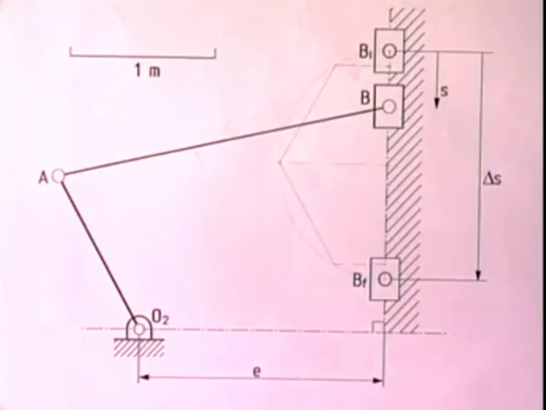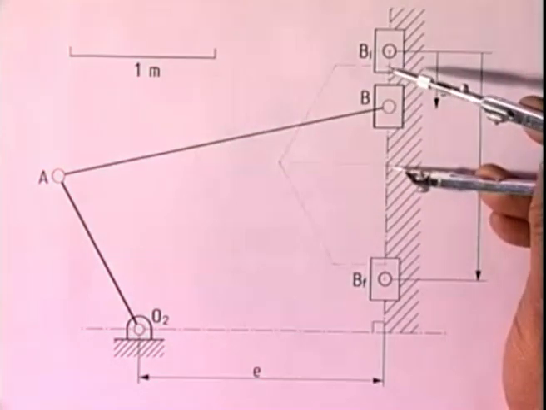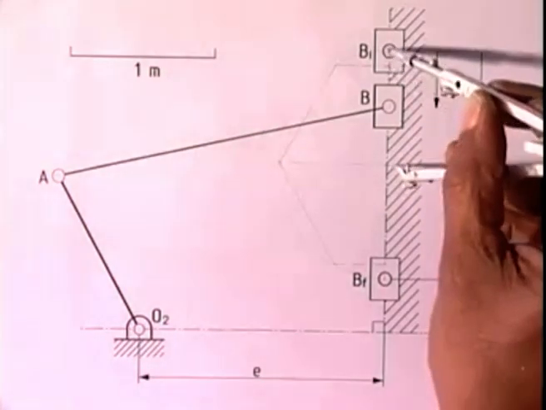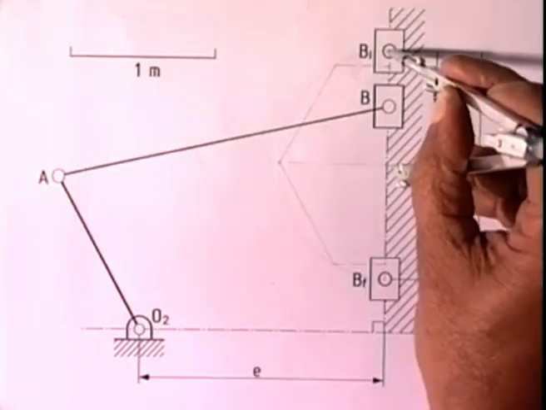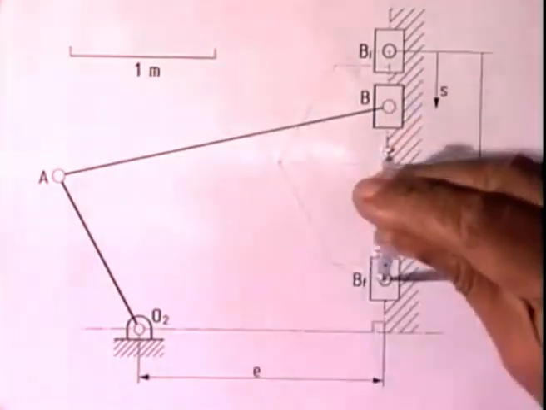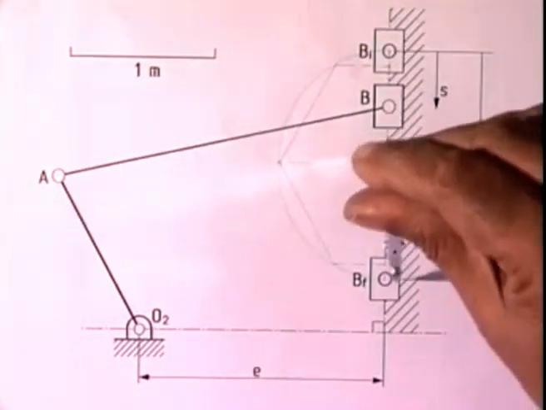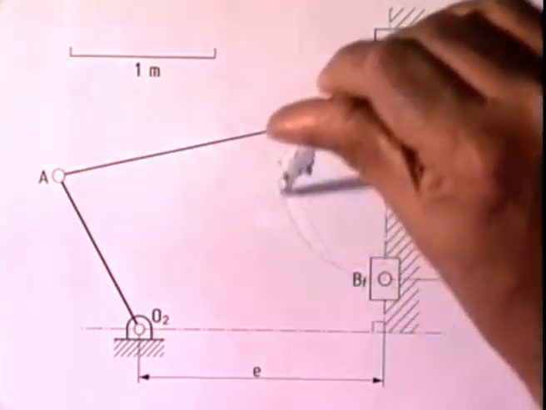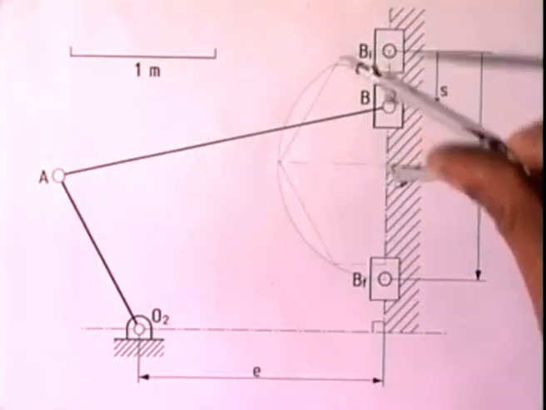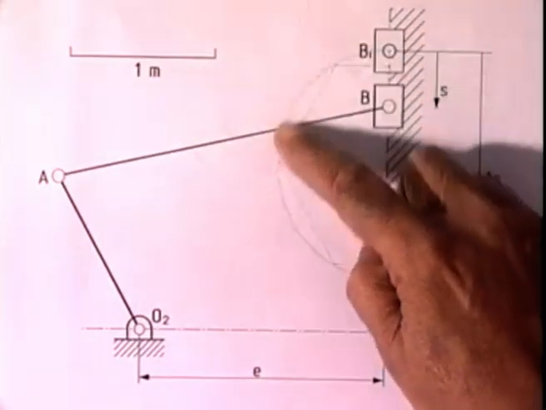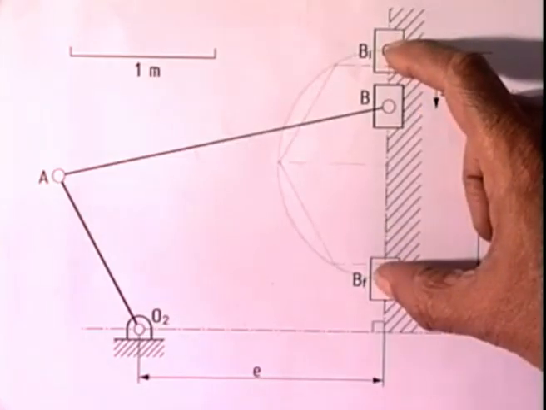To do that, first we draw a semicircle with BI BF as diameter.